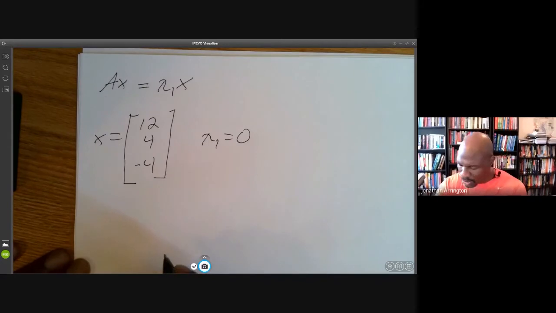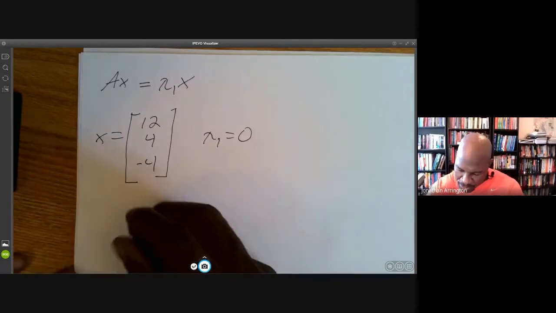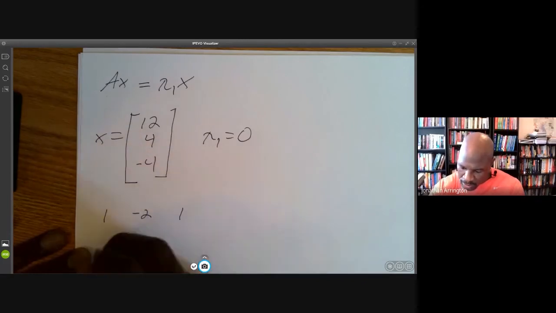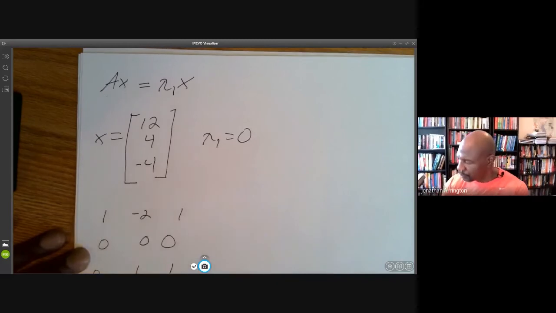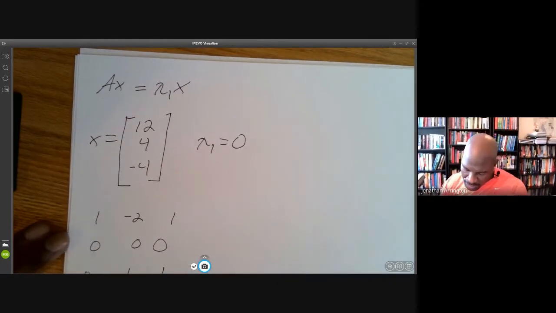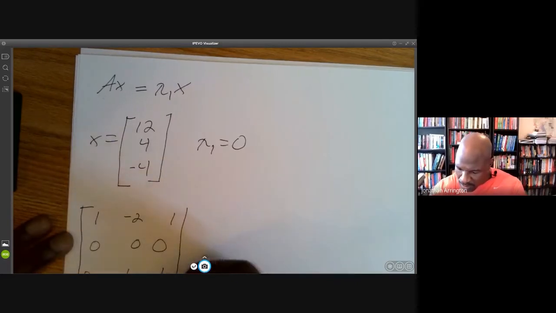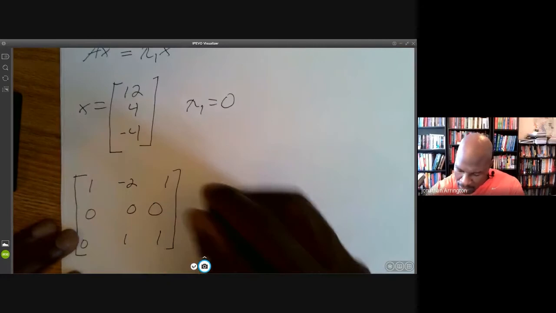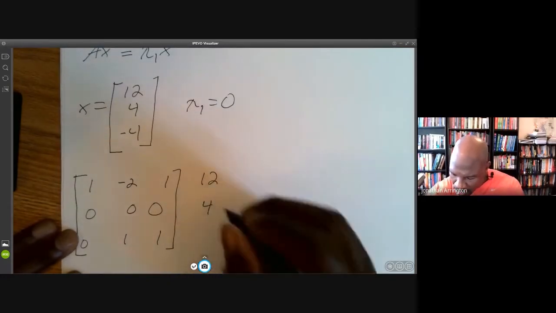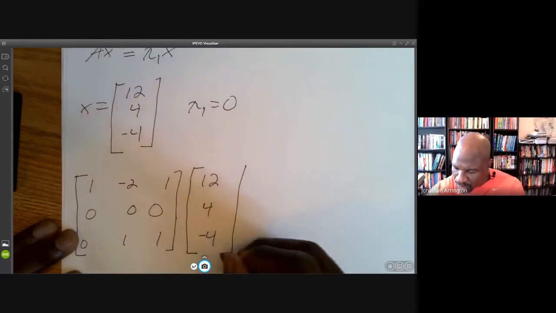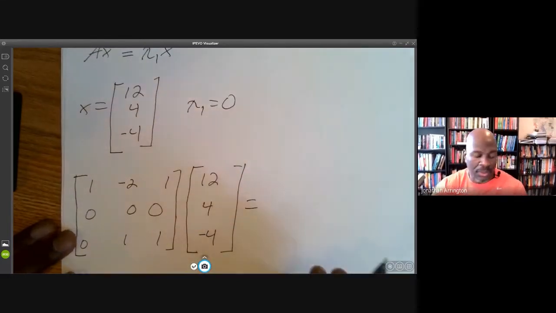So let's bring back matrix A. Matrix A was 1, negative 2, 1, 0, 0, 0, 0, 1, 1. And we're going to see if this times x, and again, x is 12, 4, negative 4, gives us 0, 0, 0.